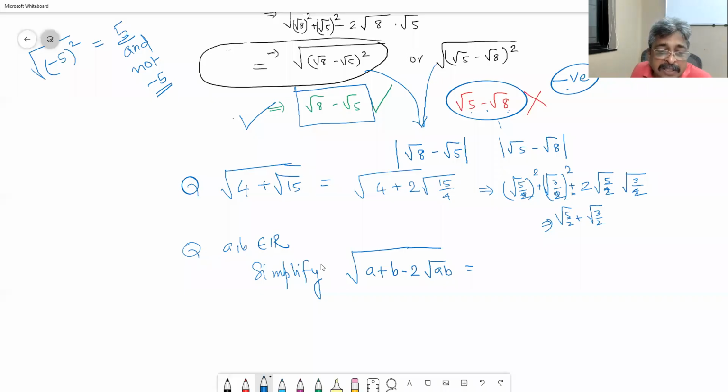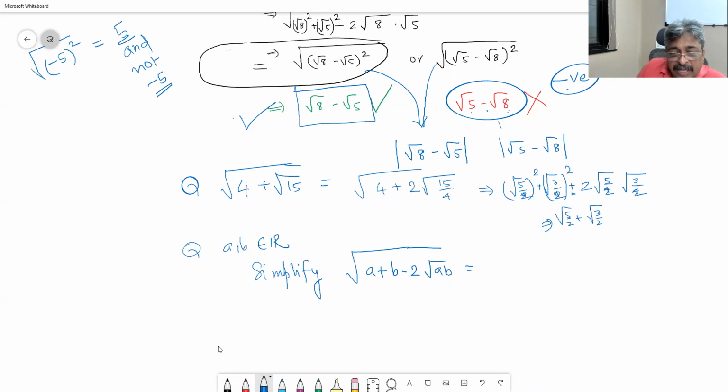Now this is a tricky problem. The moment A, B come into this picture, they are parameters, they are real numbers, but we really do not know those real numbers. So they could be positive, they could be negative, they could be zero.